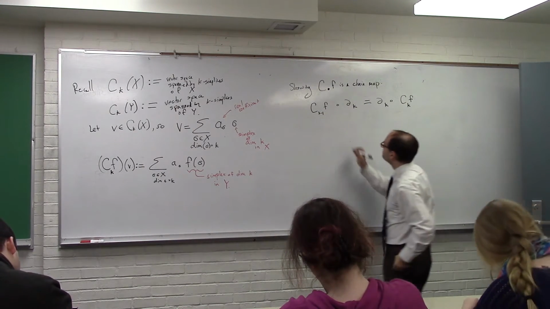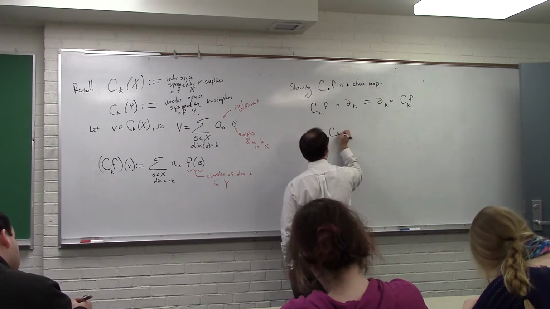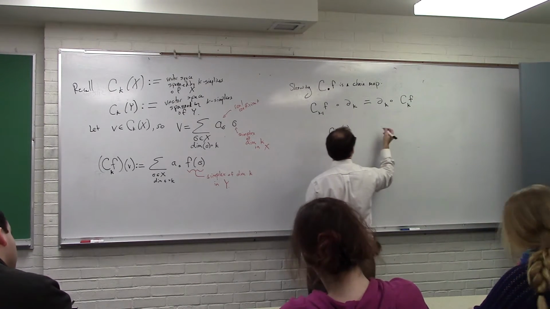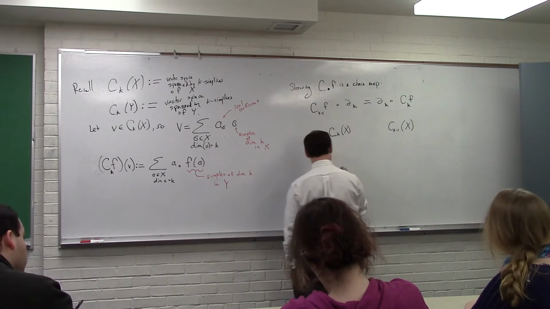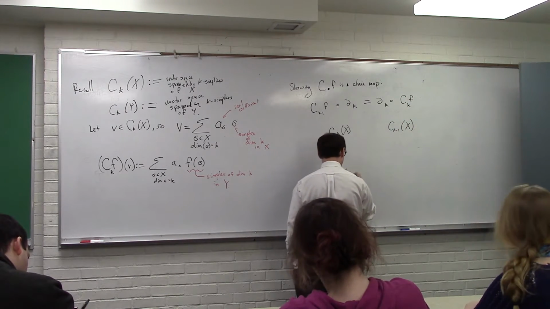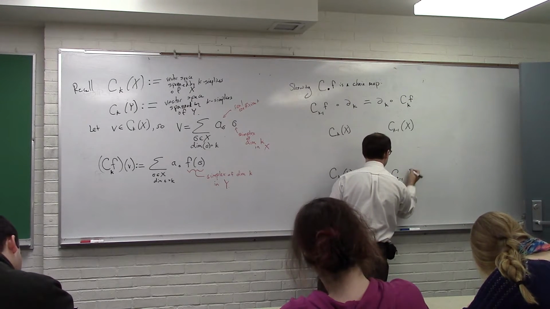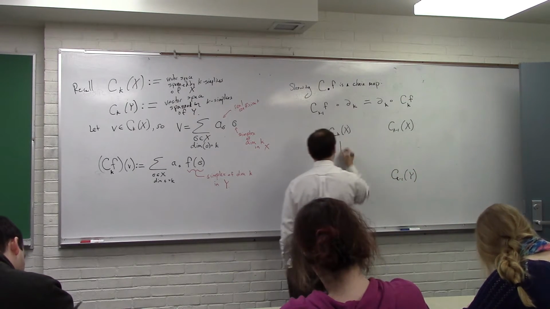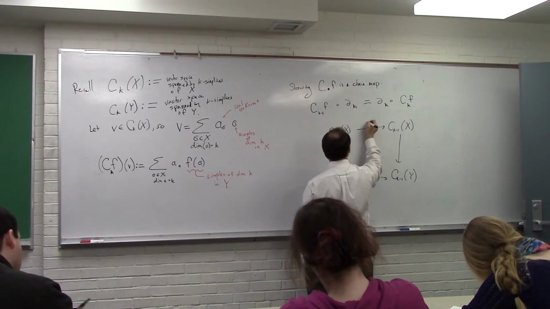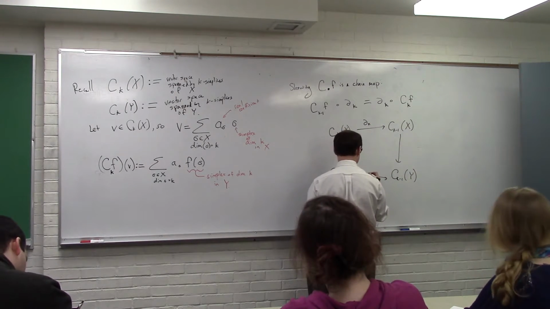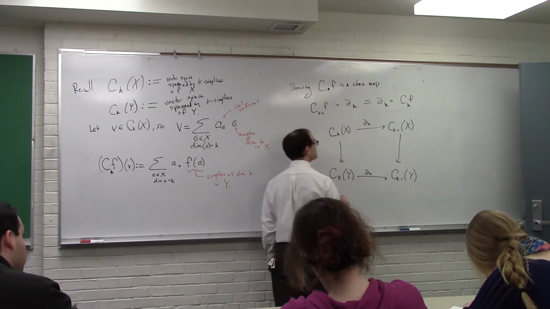So the picture: here's CK of X, here's CK minus 1 of X, here's CK of Y, here's CK minus 1 of Y. Here's boundary K. This is also boundary K, but of the other space.